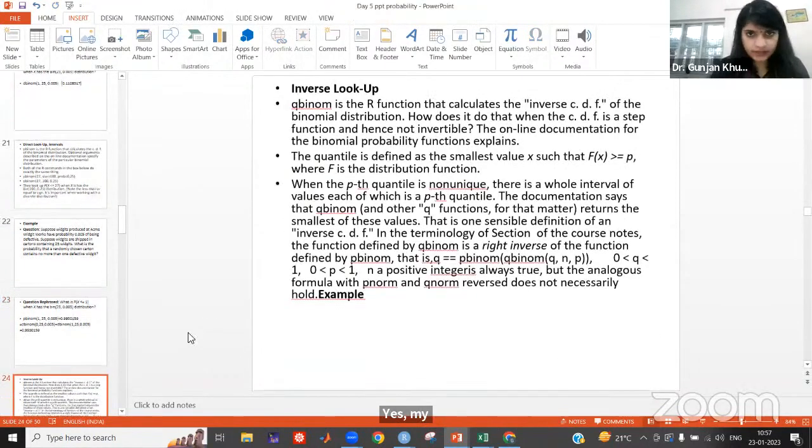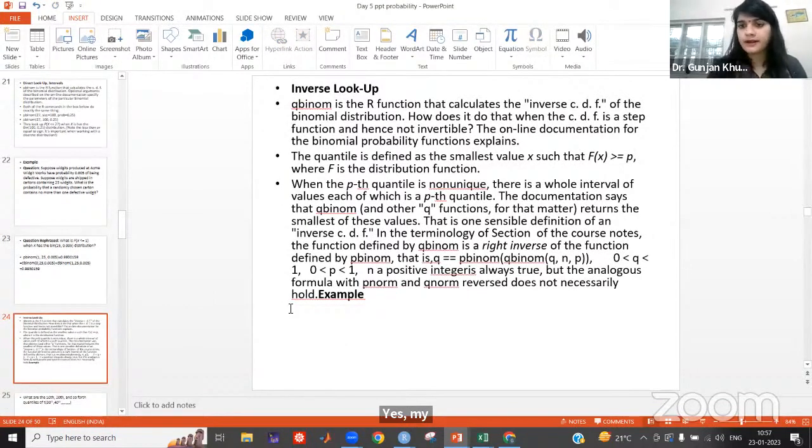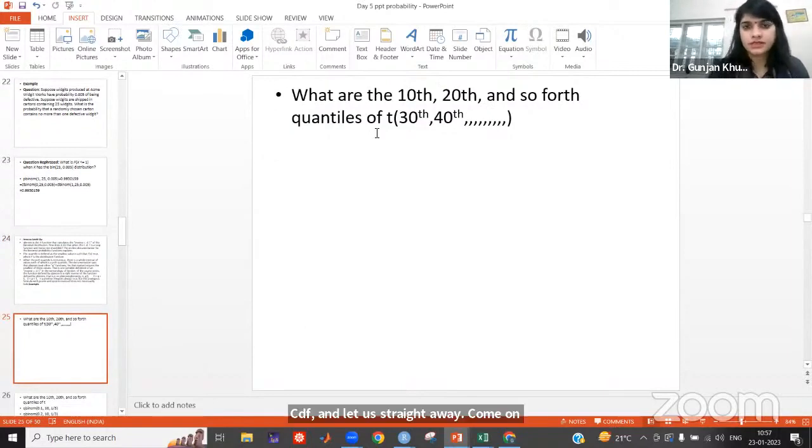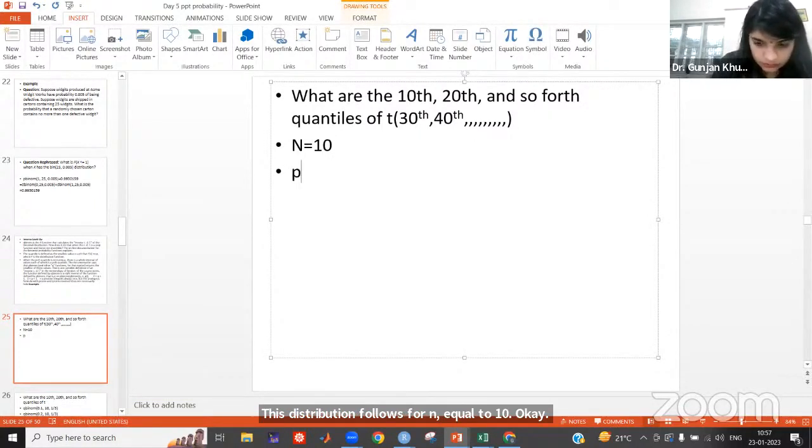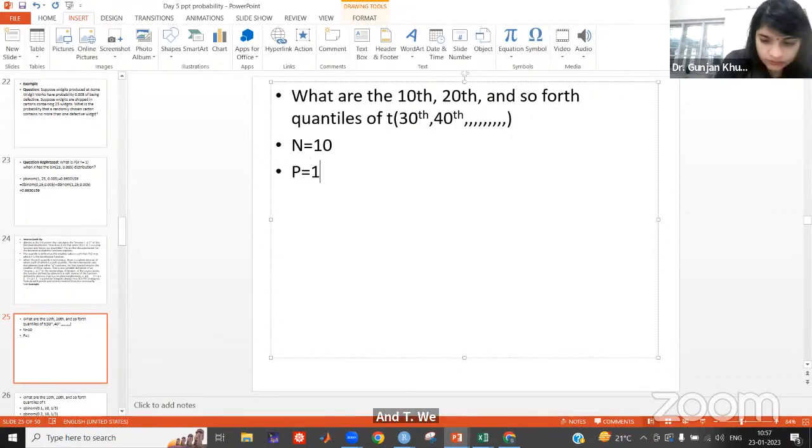So now let us talk about the Q function in D-binom. QBinom is the R function that calculates the inverse CDF, and let us straight away come to this example. What are the 10th, 20th and so forth quantiles of this distribution, which follows binomial with n equal to 10 and p equal to 1/3?